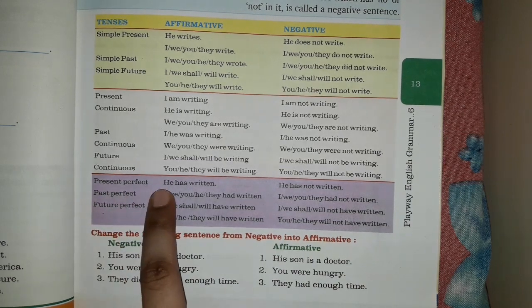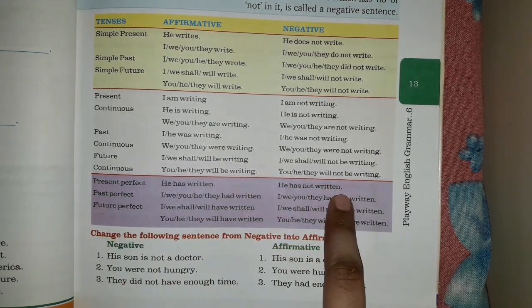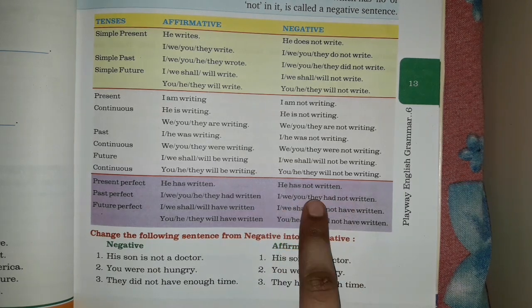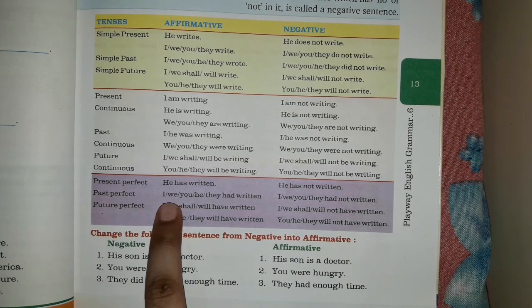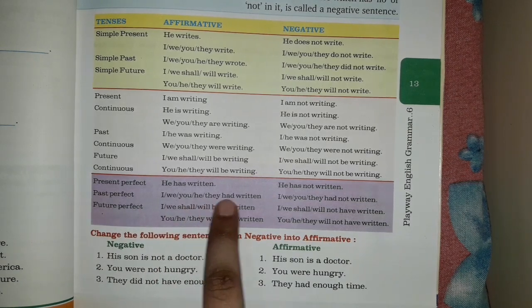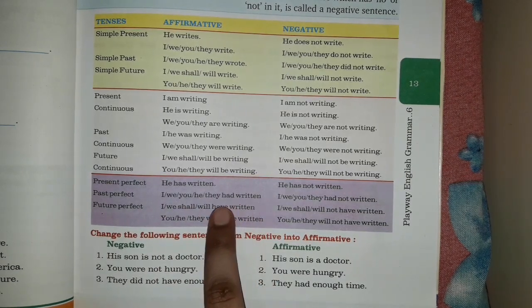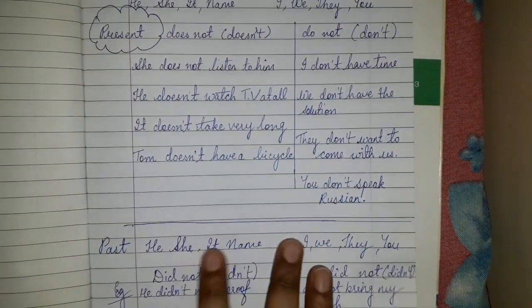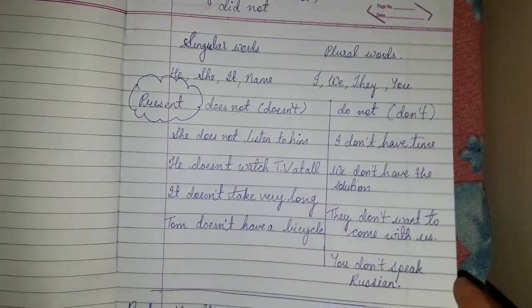Present perfect. He has written, he has not written, or he hasn't written. The contracted form of has not. Past perfect. I, we, you, he, they had written. Okay, remember, as I have discussed in this point, present, what happened?